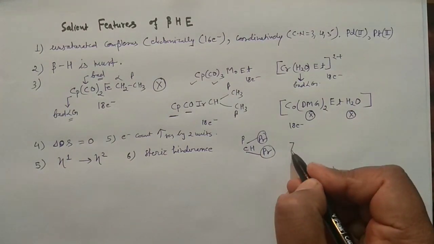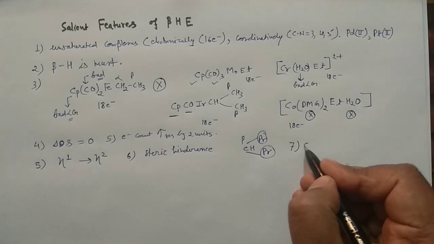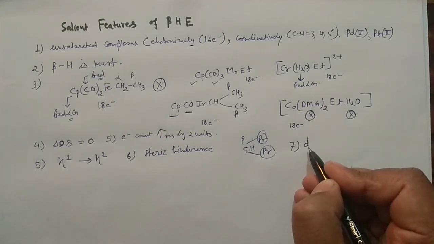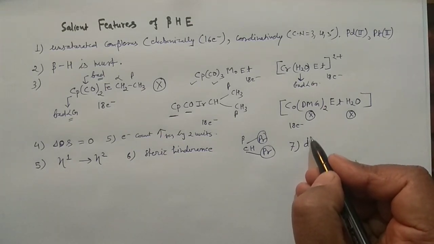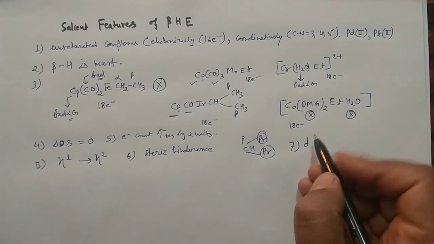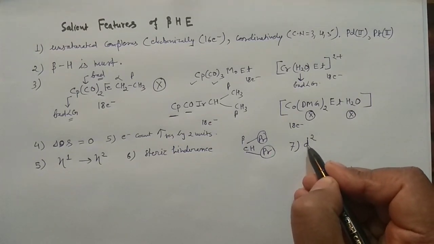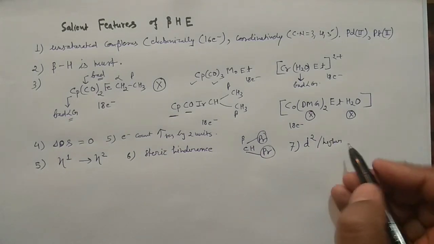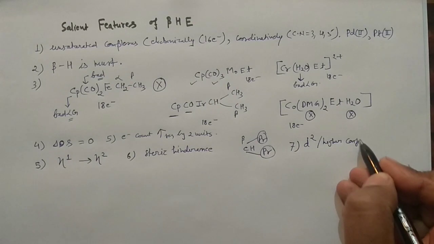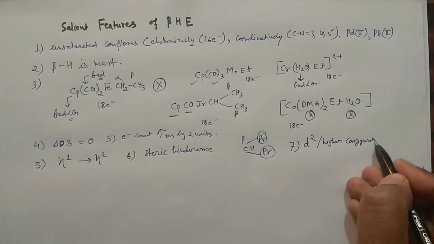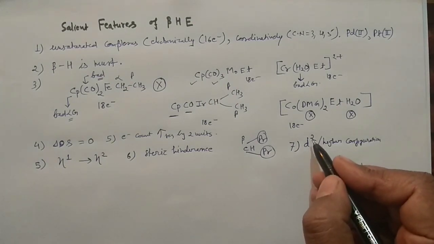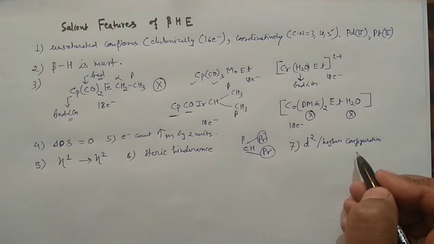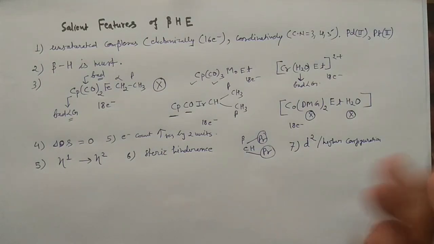And number 7, you can see here, transition metal organometallic complexes which have a d2 configuration or higher configuration. So what is the meaning of that? Your transition metal will have 2 electrons in the d orbital, or a higher number of electrons in the d orbitals.